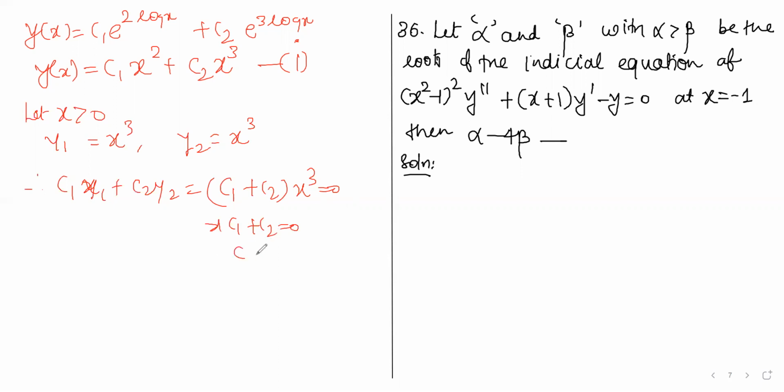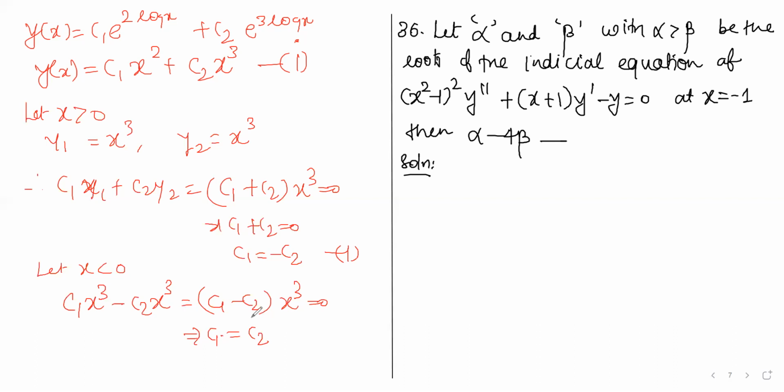So c1 equals minus c2. I'll call this equation 1. Now let x be negative. Then you get c1 x cube, and y2 is x square times mod x, which gives minus c2 x cube. So again you have c1 minus c2 times x cube equal to 0. This implies c1 equals c2.